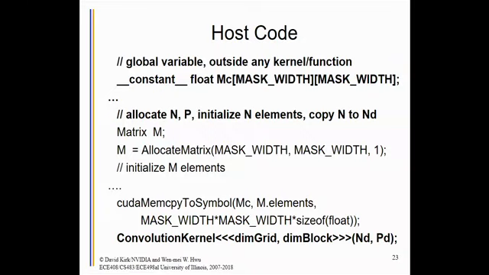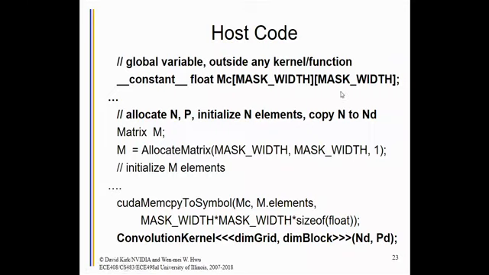So you put this declaration outside any of the kernels, and then you have an M with a constant. This is just an arbitrary naming convention we pick, and you can pick any you want, but it's mask width by mask width. So the 5 by 5 will give us the 5 and 5 in our declaration.